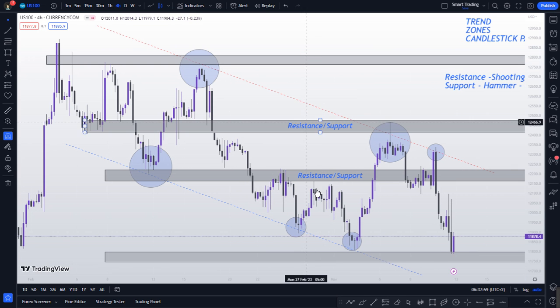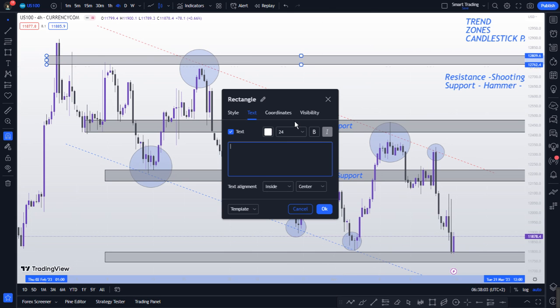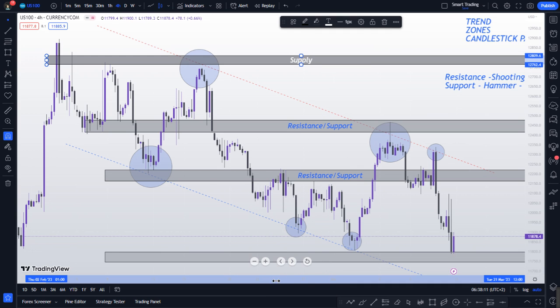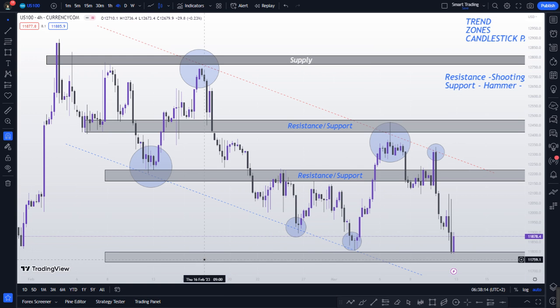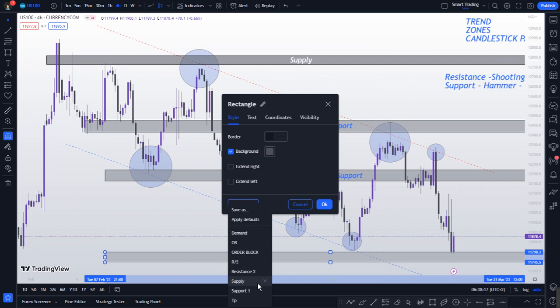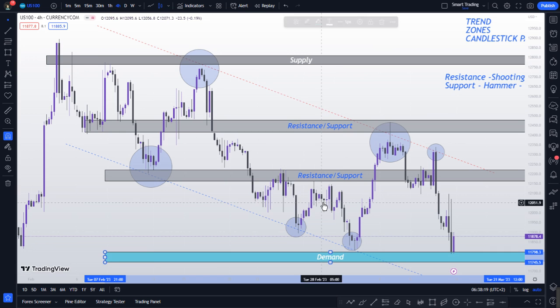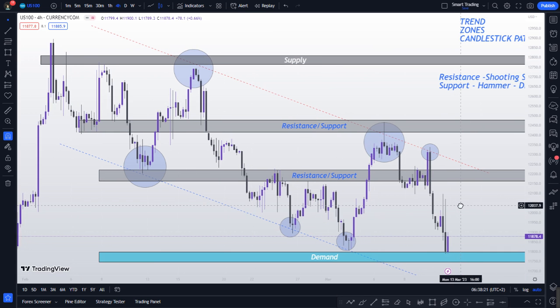Since they are in between, it's not resistance, it's not supply, but it depends where the price is. So right over here, guys, it's my supply. You know what I'm saying? That's my supply, and this will be my demand, right? This will be my demand. Yes, guys, I forgot to actually label that one.